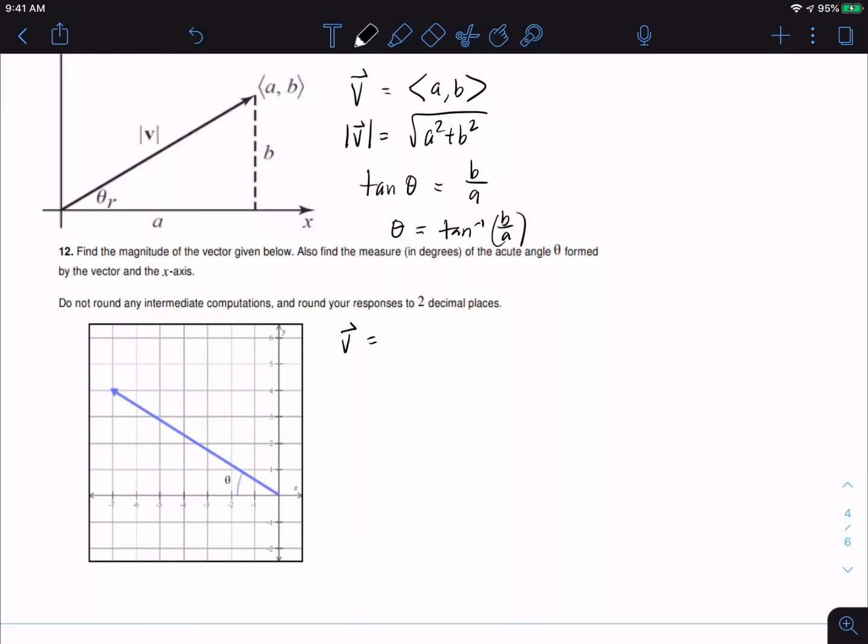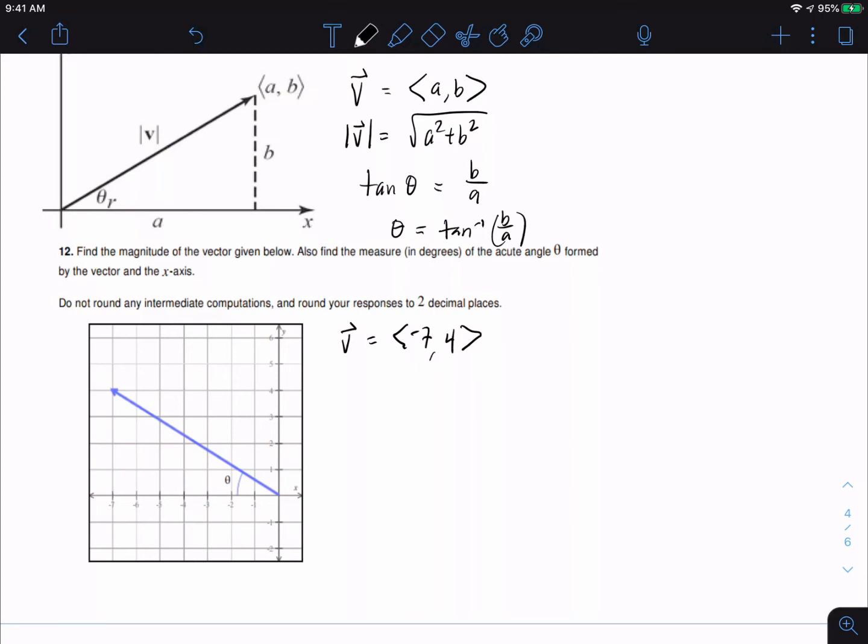So our vector is what? What are the components for this vector? The 4 is right. Yes, it's negative 7 comma 4.